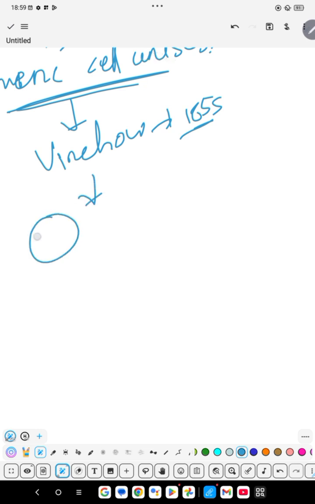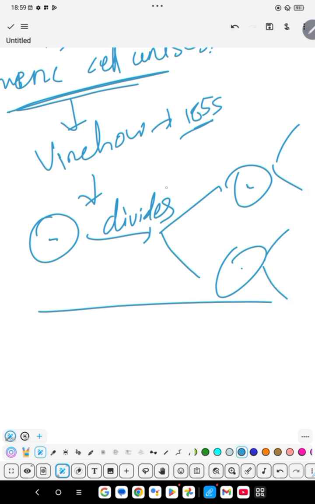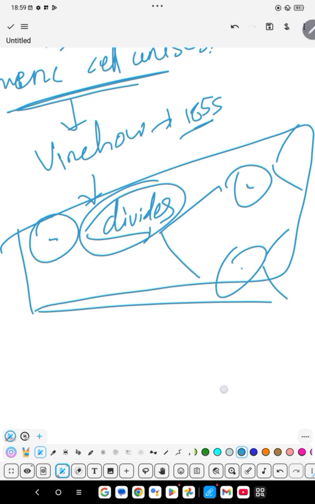So if there is already a cell present, it divides and makes two cells. This is how one cell gives rise to another. And there is a division also, a type of division. We will not go into depth now. It's not necessary. Just remember that all cells come from pre-existing cells.